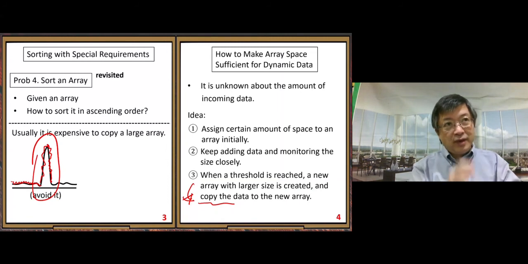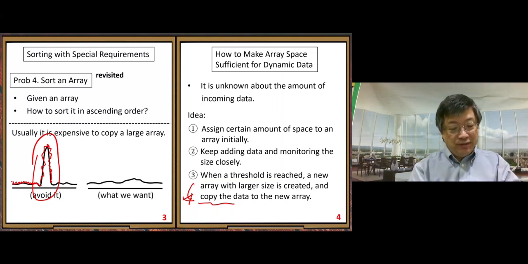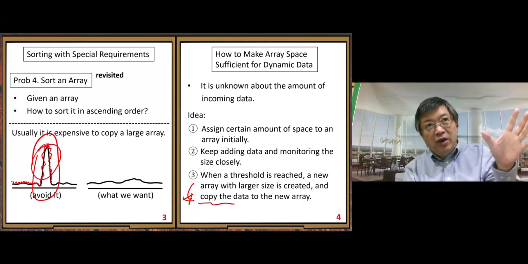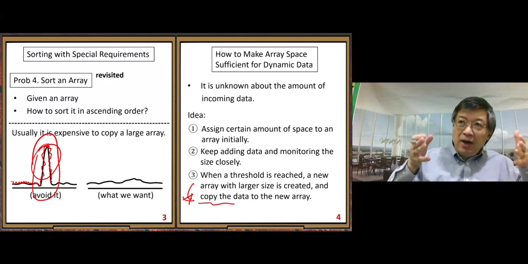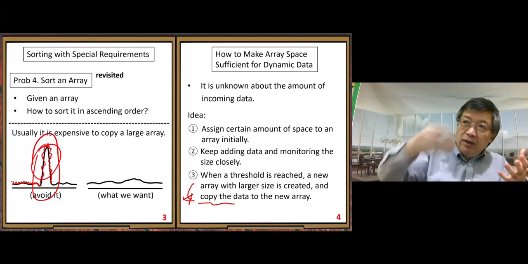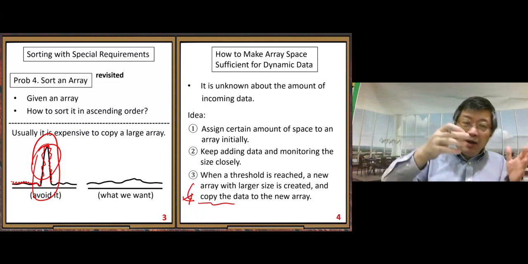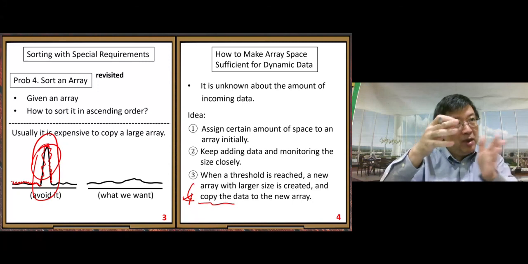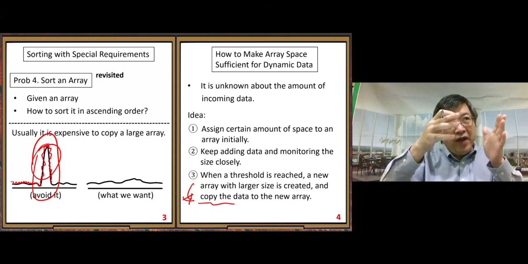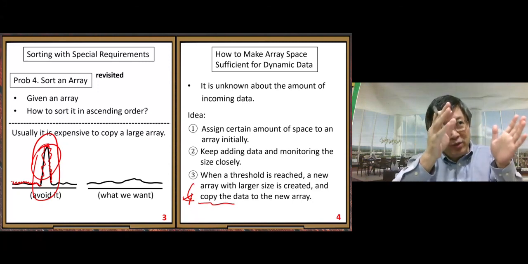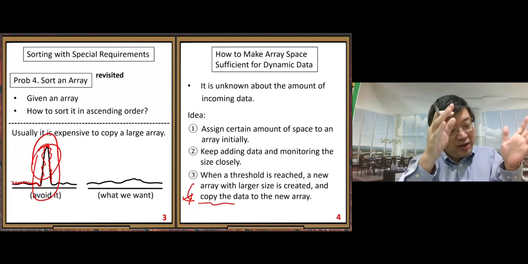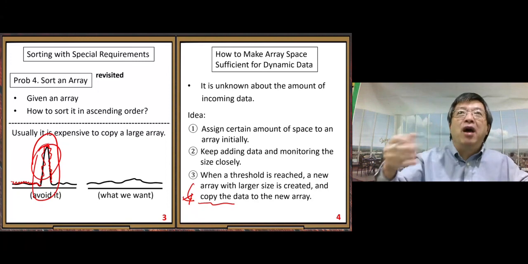There is a solution. We try to find a way to spread this bump. When we detect that we are near the array size limit, after you add data item by item, you are closer and closer to the limit. Before you reach that limit, you give some room and start doing preparation.